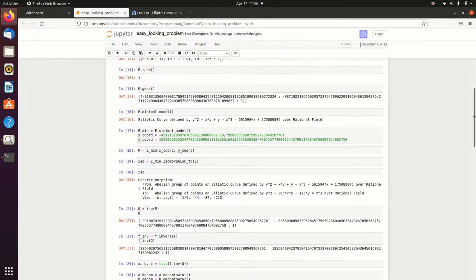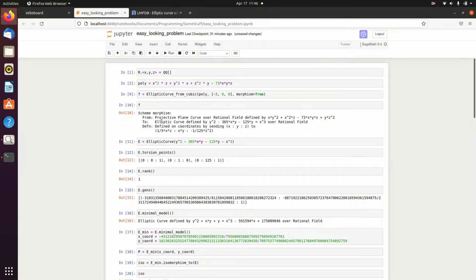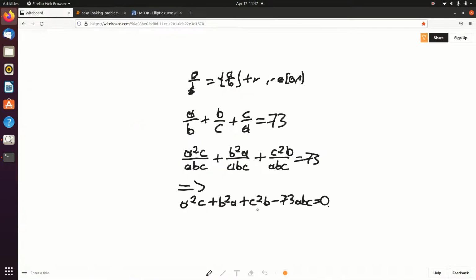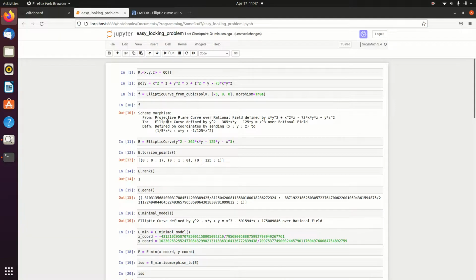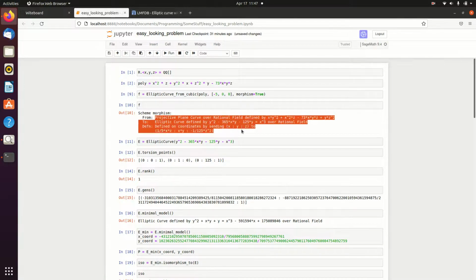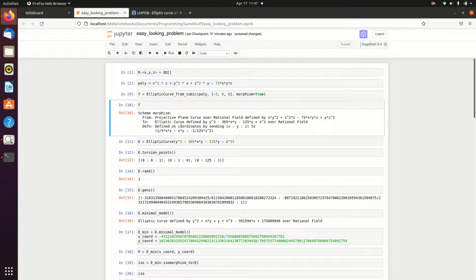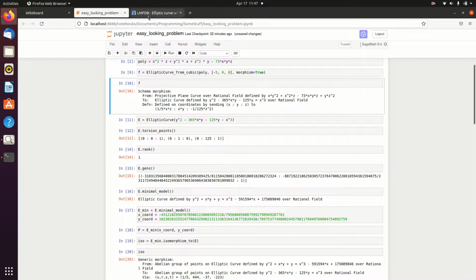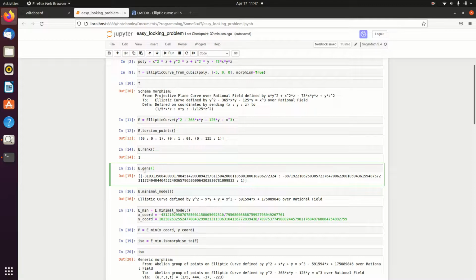To give a short summary, we transformed this equation at first into this cubic equation in 3 variables. Then we were lucky that this is actually an elliptic curve, so we have this morphism of elliptic curves, and then we find a point on this elliptic curve, either by looking at this database or by using the generators method.